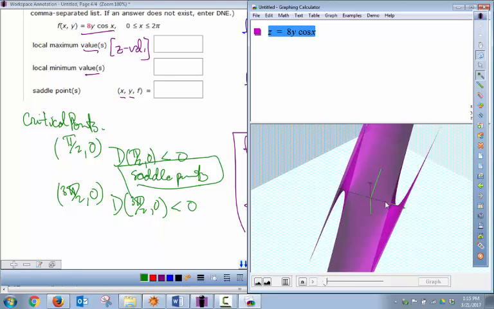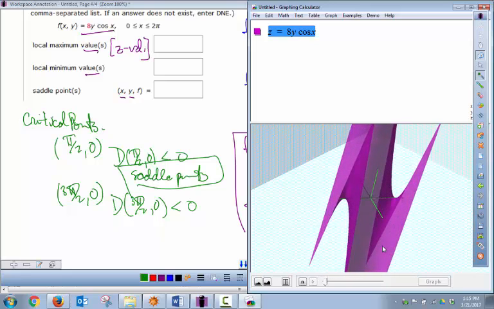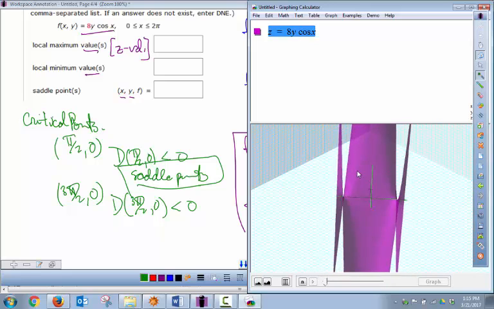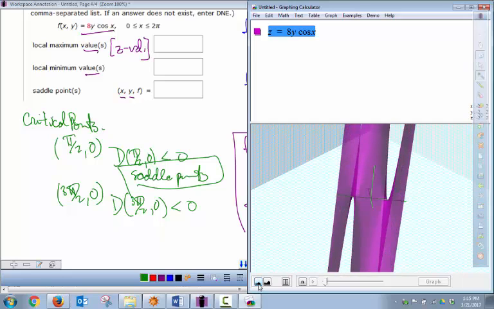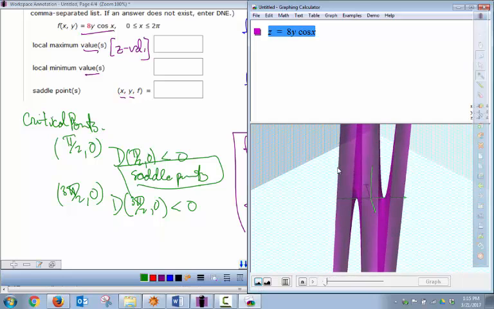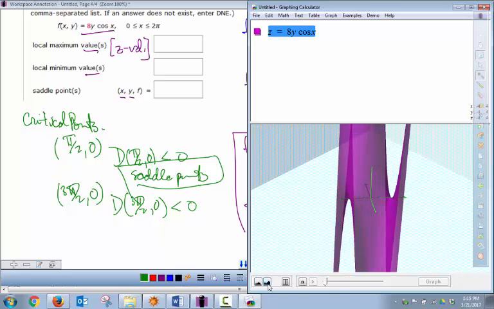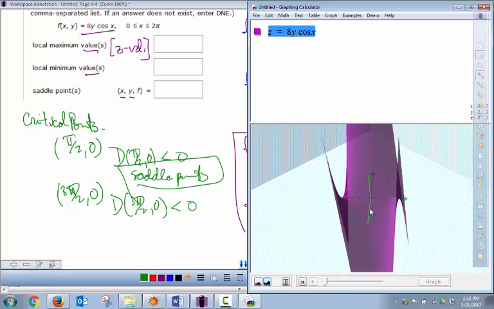So let's see, what's the best view for a still picture? We can kind of see the saddle, right?